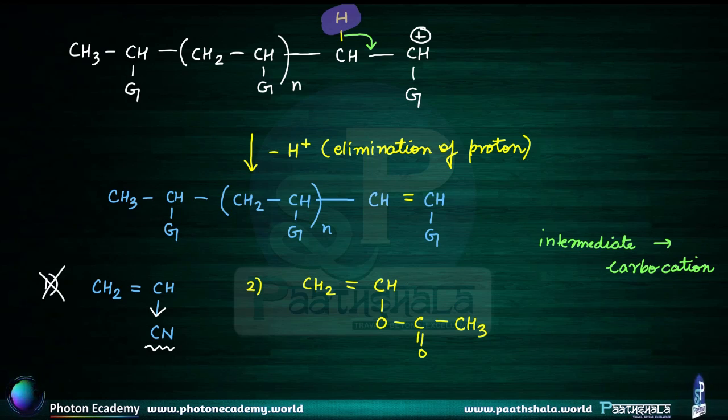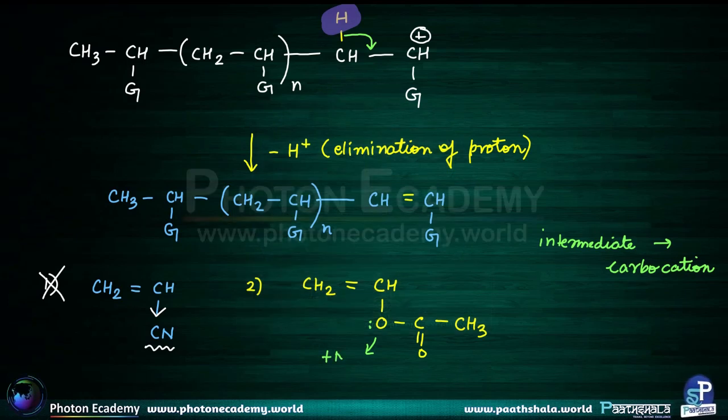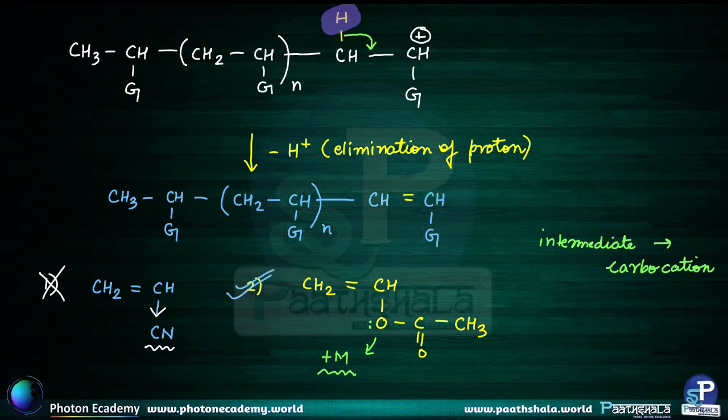Next, if we have this OC double bond OCH3 group, we know the oxygen over here is showing a plus M effect, due to which it starts to donate electrons, which will lead to the stabilization of the carbocation, and therefore the reaction is very, very feasible if we go through this monomer.